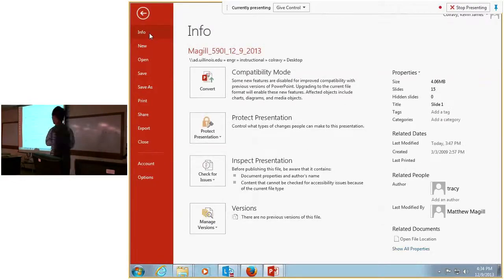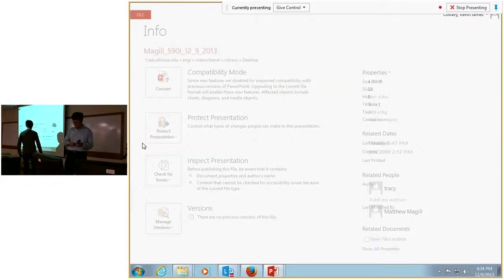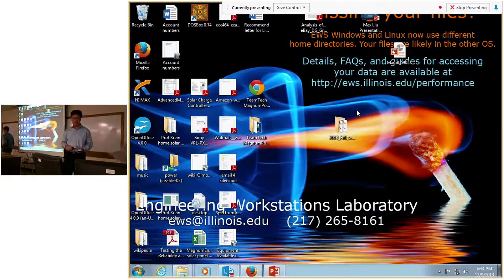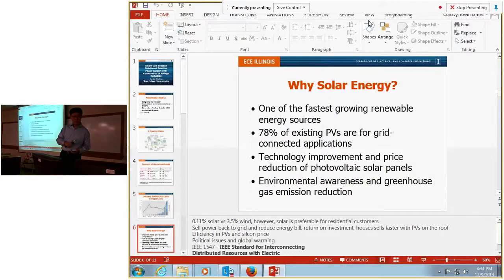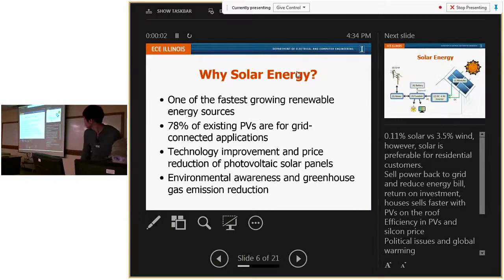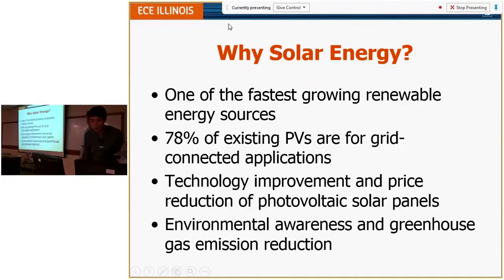Maybe I should stay on the other side so I can see the clock. What happened? This is on the first page.